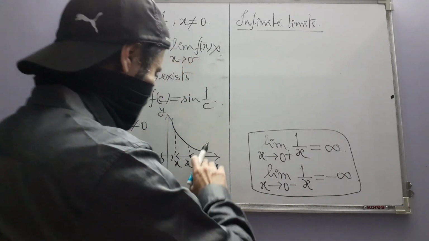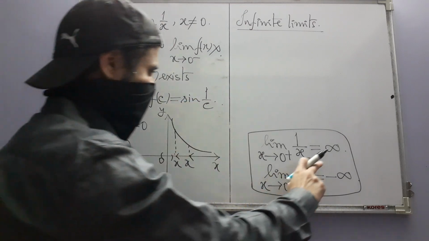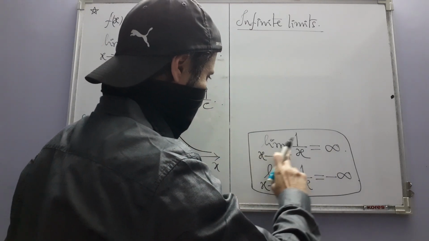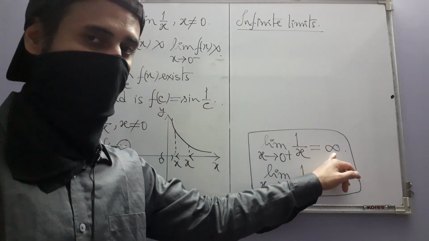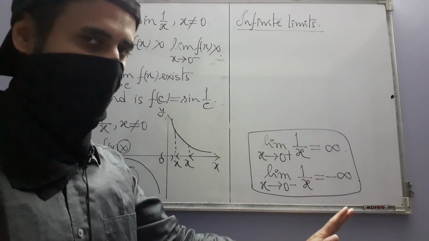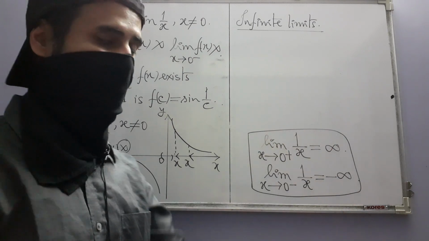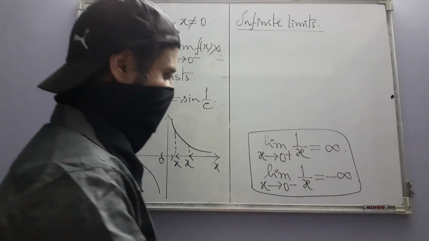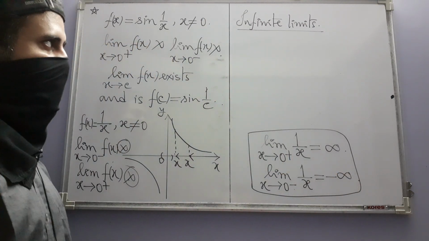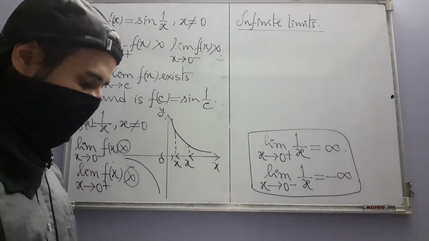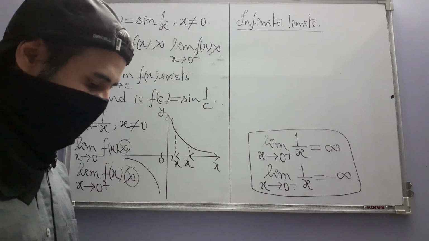That is, if it is like this, then we say that the right hand limit is infinity. Right hand limit is infinity means that's not an ordinary limit, but it's an infinite limit. Similarly, here the left hand limit is minus infinity. So that's the notion of infinite limits.